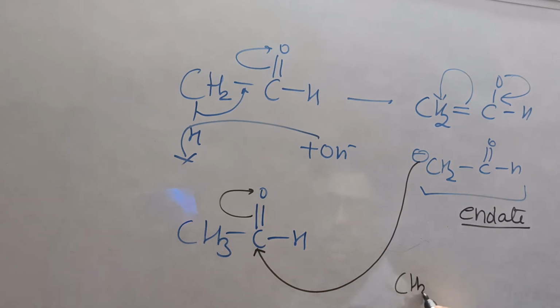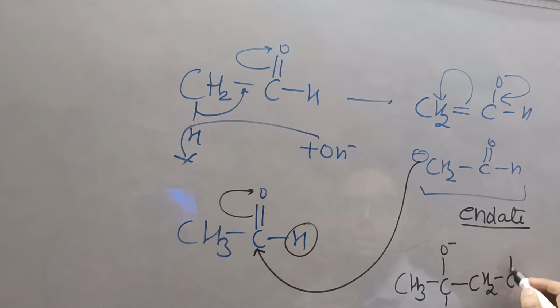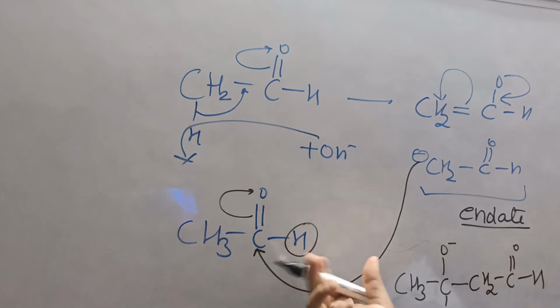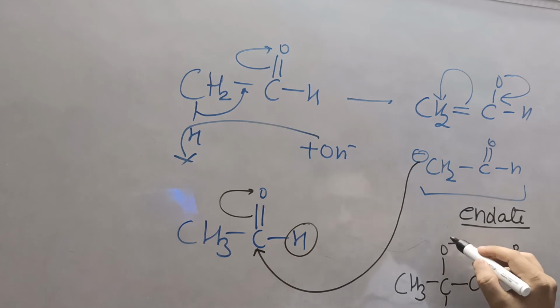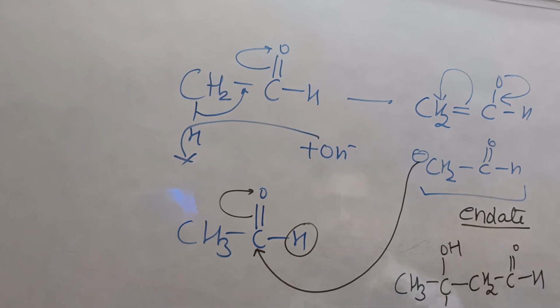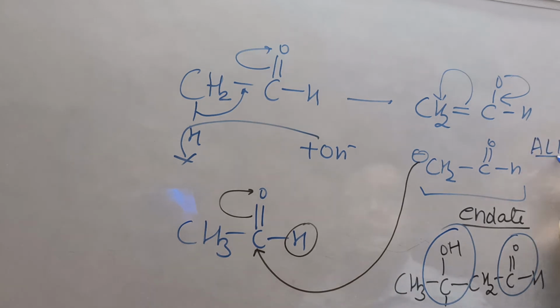Ultimately, you will generate CH3, CHOH, and this is joining of these two species, and this negative charge takes H from water to generate this species, and this is alcohol, this is aldehyde. Alcohol and aldehyde. Therefore, aldol. Aldehyde and alcohol. So this molecule consists of aldehyde and alcohol.